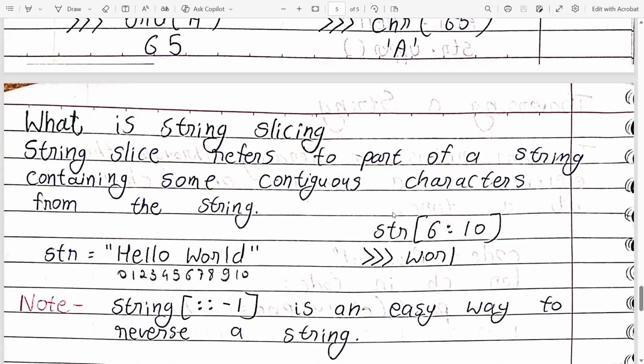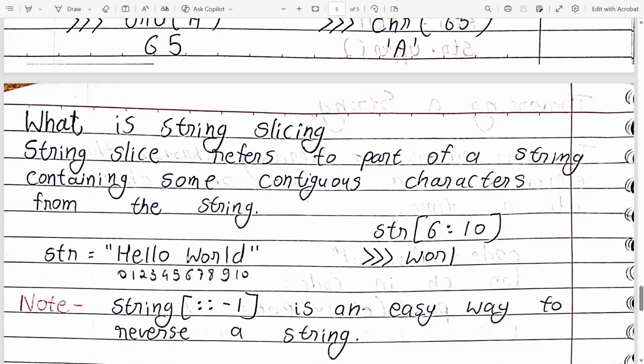Now, let us study what string slicing is. You have seen cake slicing, in which we cut the cake into some parts and you get a part of it. Similarly, string slicing refers to taking a part of a string containing some continuous characters from the string.